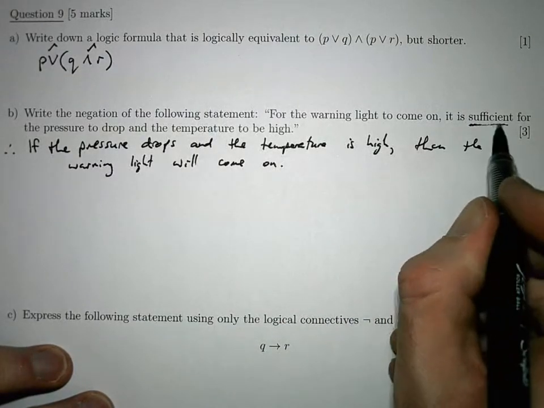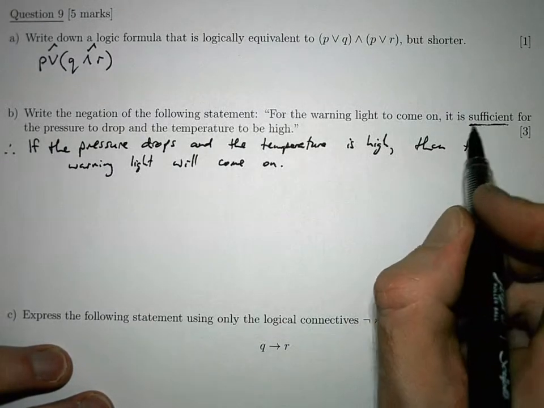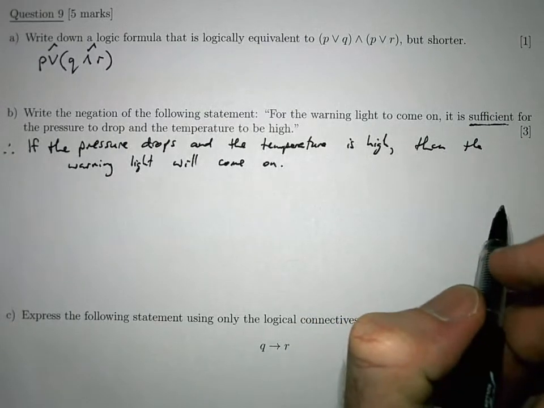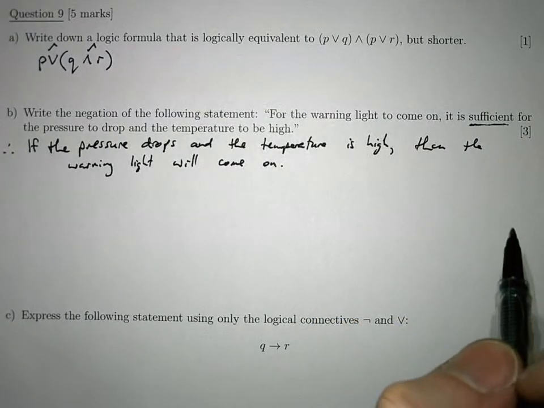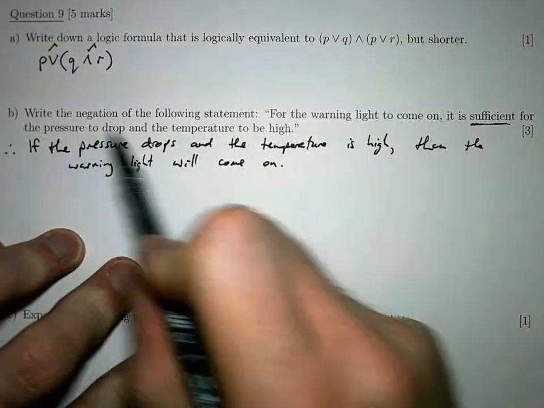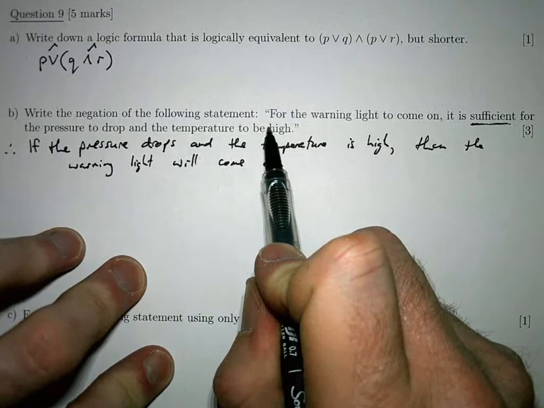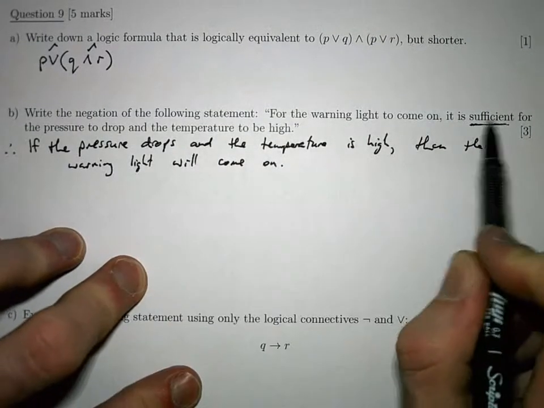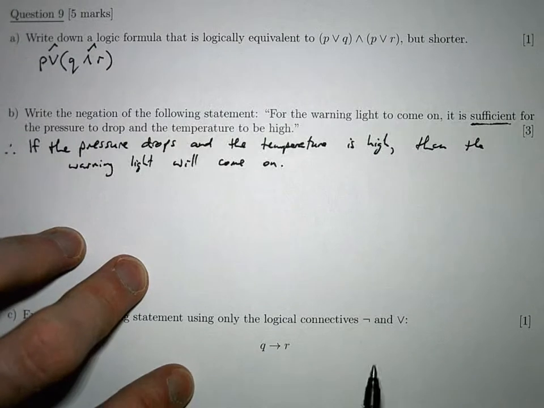This sentence here is equivalent to that sentence over here. The trick here, what threw most of you, is simply this sufficiency. You just need to spend some time thinking about necessary and sufficient conditions. But basically the sufficiency is that as soon as this happens, that happening is sufficient to make this thing over here happen.